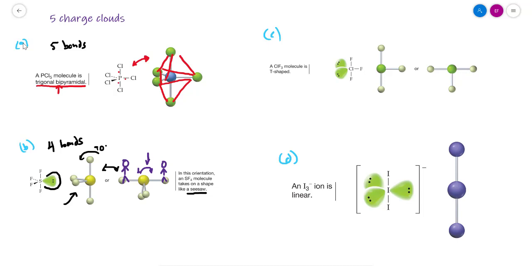Jumping over here, now we're at 5 charge clouds but only 3 bonds, based on the octet rule of this molecule. This is ClF3. Now we've got Cl as the central atom.